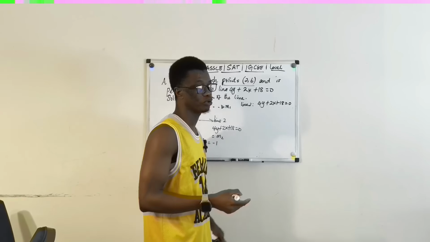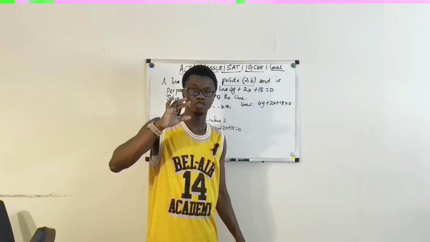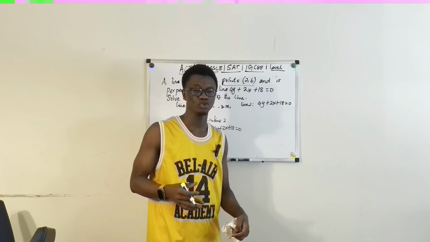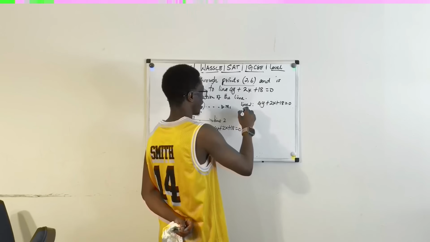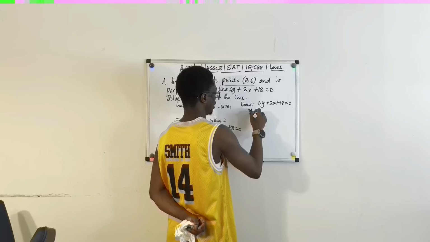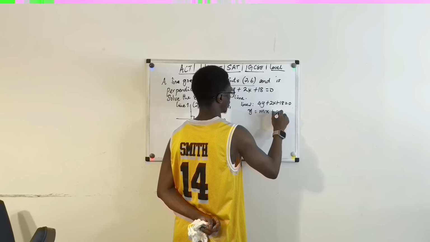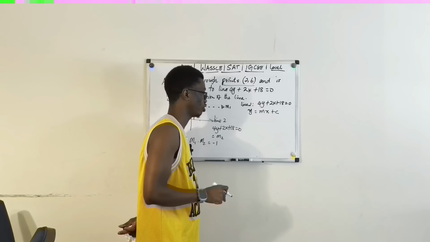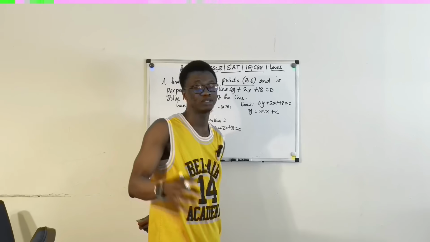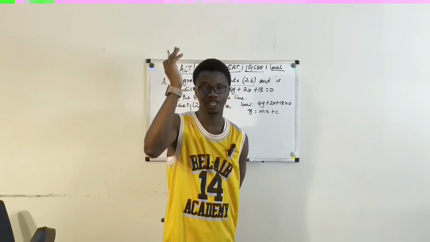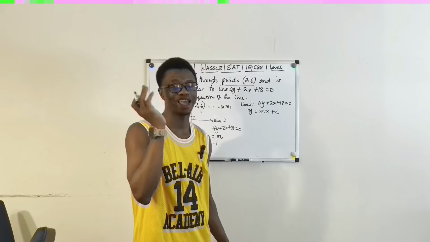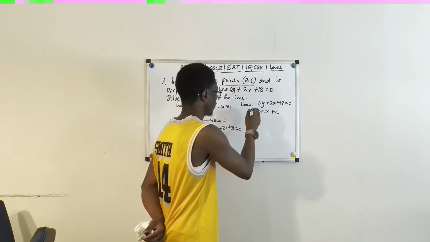For you to find the slope from this line, you have to change this equation to slope intercept form. Slope intercept form has the equation y equals mx plus c, where y is the equation of the line, m is the slope, that is the coefficient of x, and c is the constant, which means it's the y intercept. So we need to find this m.